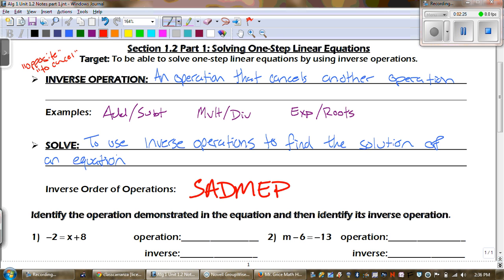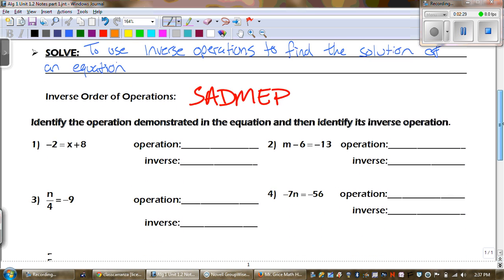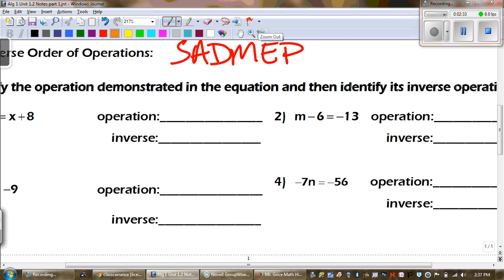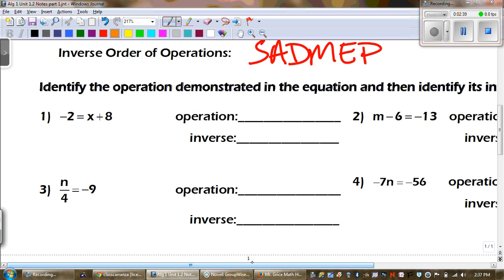Everything in reverse, but left to right and all of that. So what we're going to do first is identify the operation demonstrated in the equation and then talk about what its inverse is.